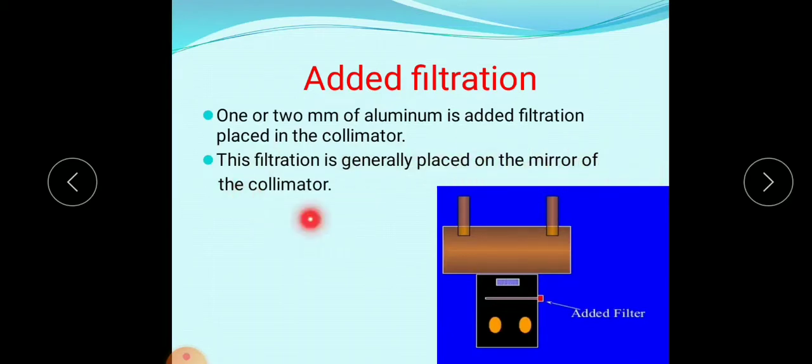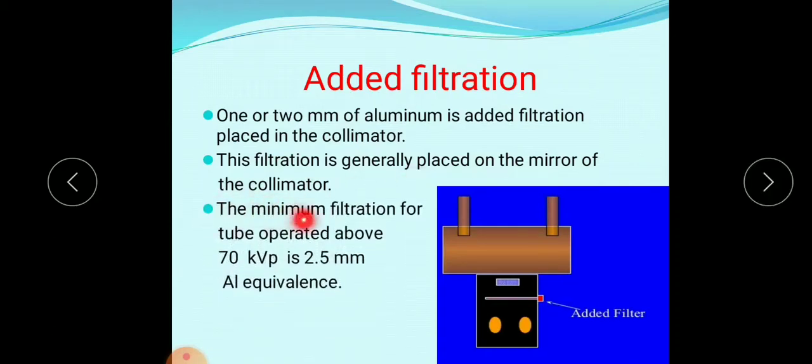The minimum filtration for a tube operated above 70 kVp is 2.5 mm aluminum equivalent.